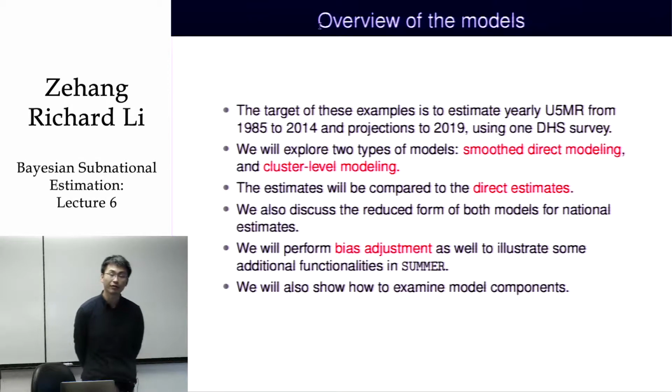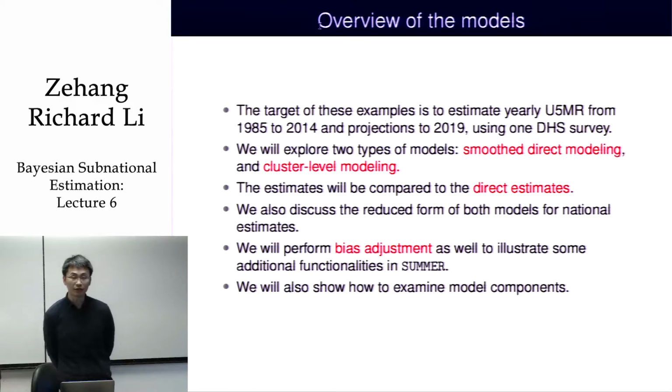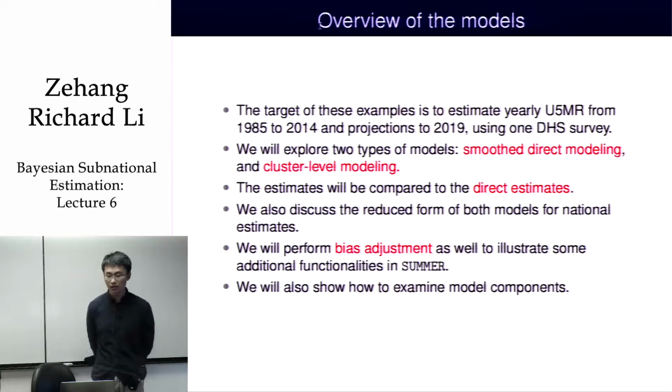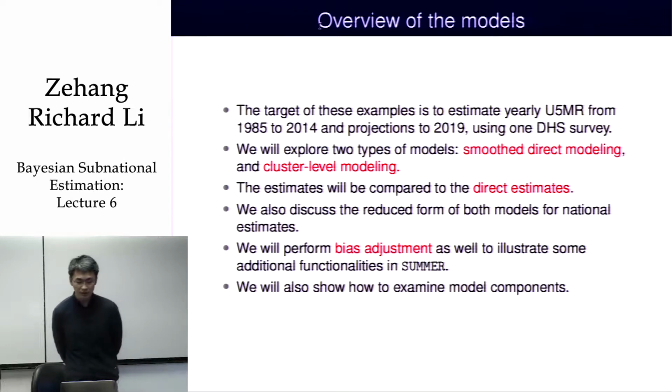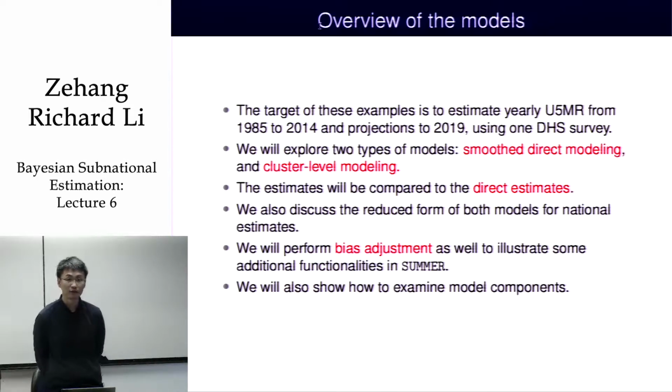Okay, so assuming you have already got this data set, or you might be working with your own data set and have prepared the data to something similar in these formats. As an overview of the models, in this lecture, the target that we're going to be focusing on is to estimate the yearly U5MR from 1985 to 2014.